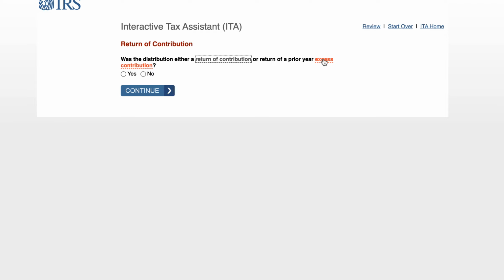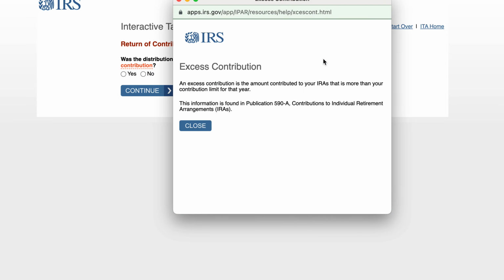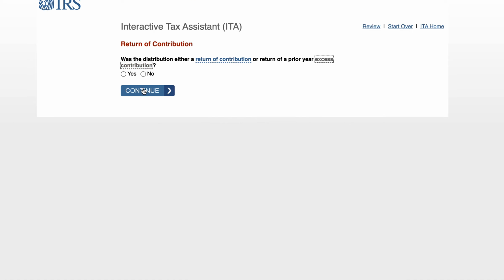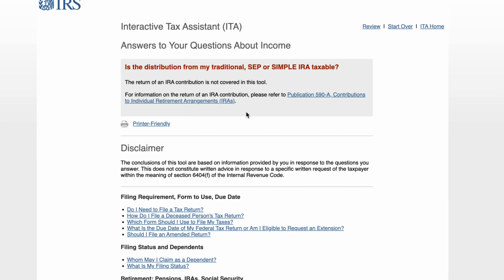And then an excess contribution is basically the same thing, except this was a contribution that was never allowed, and you either discovered it or it was brought to your attention, and you're simply recapturing that contribution so that you don't get assessed a penalty. So if you hit yes, then it comes up with a very simple answer.